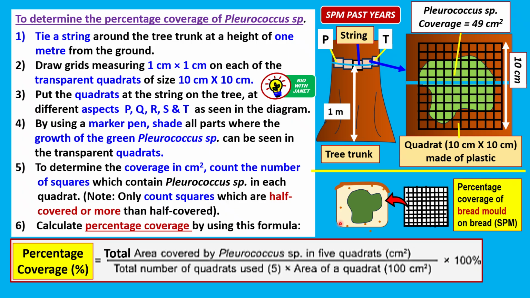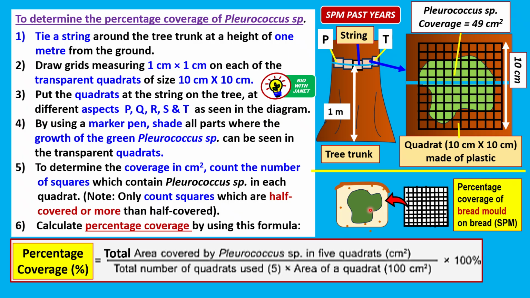Okay, and then one more thing is in certain SPM questions, they ask for percentage coverage of bread mold on bread. So the procedure is similar. We place a quadrat on top of the bread mold, which may be the same size as the quadrat, okay? And then we just count the number of squares that contain the bread mold.